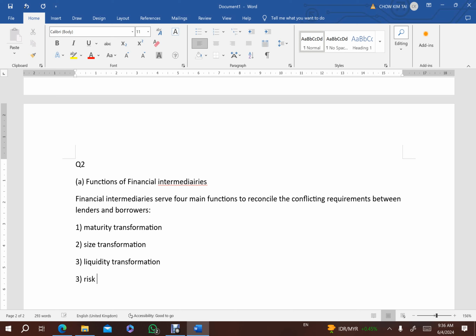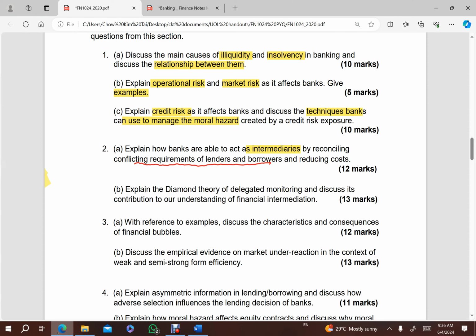Risk transformation or risk absorption. When you explain this, you can also talk about the consumption smoothing theory. No need for detail, because the detail will be in the second part. Just mention only. But the whole question is how many marks? 12 marks. So they need some points there.